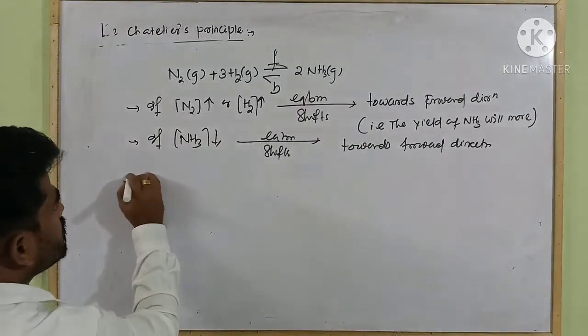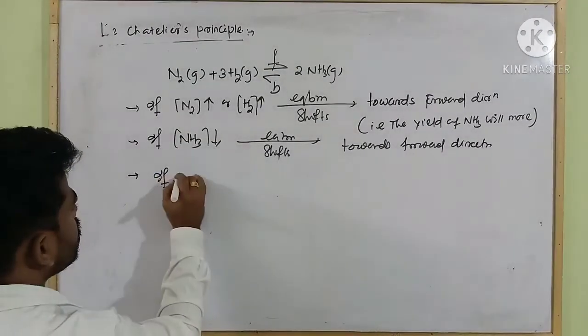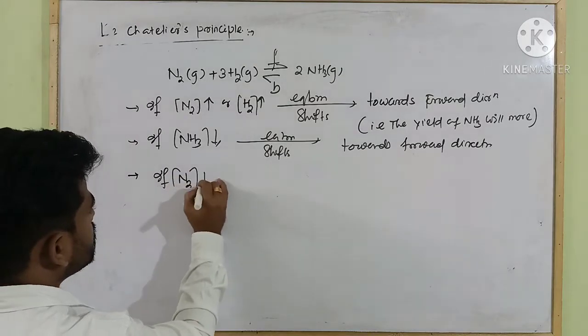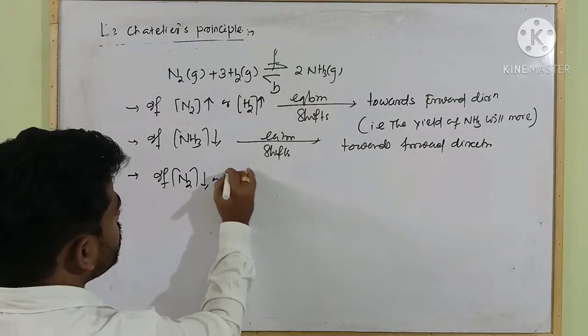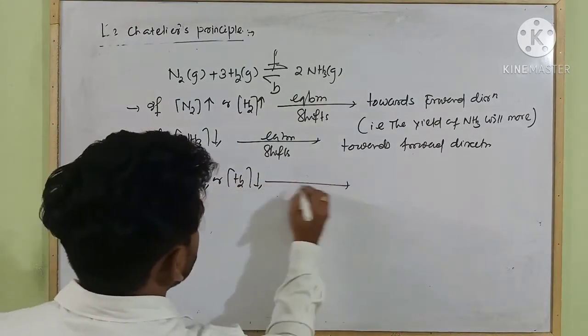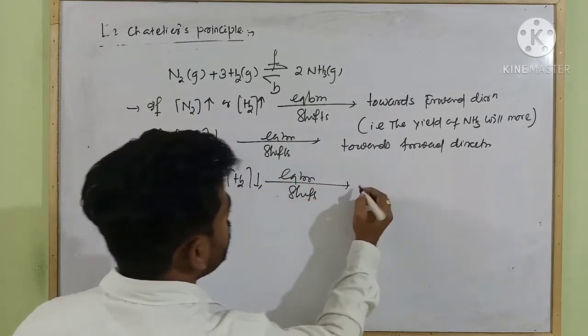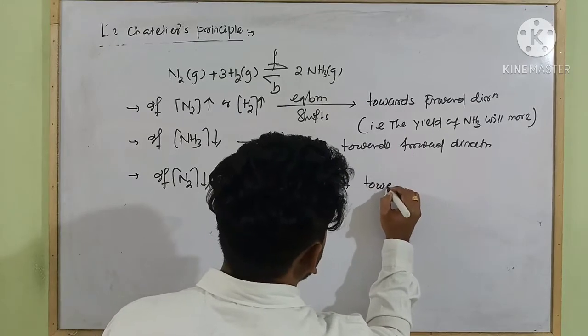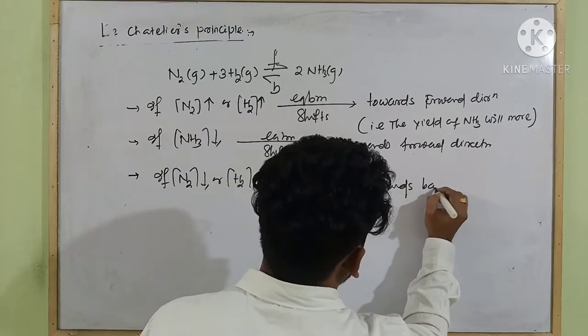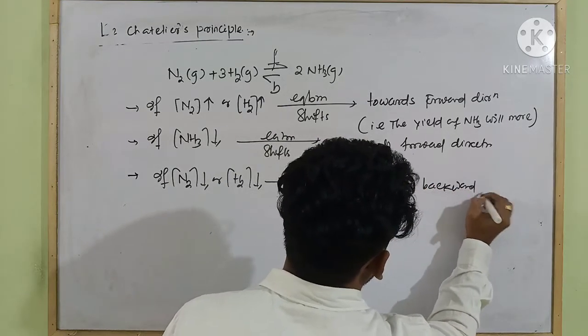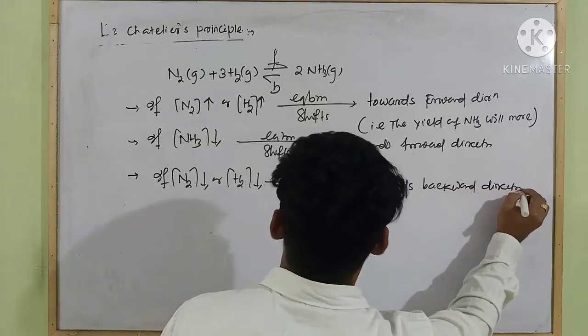And its opposite, if the concentration of N2 is decreasing, or the concentration of H2 is decreasing, then you can easily tell me the equilibrium shifts towards the backward direction.